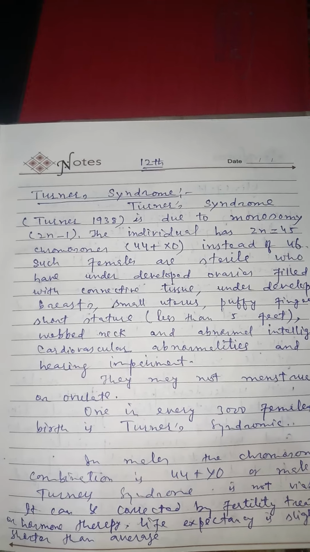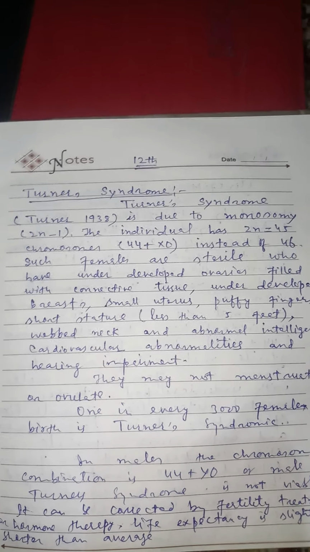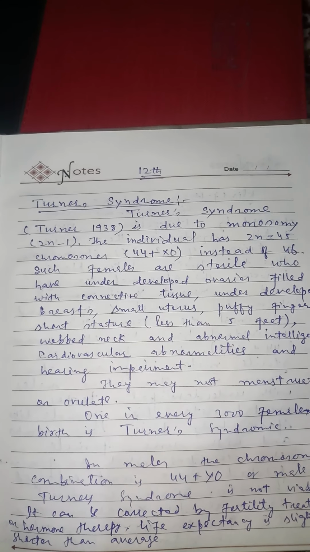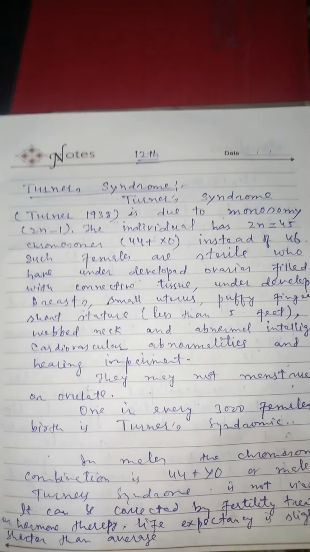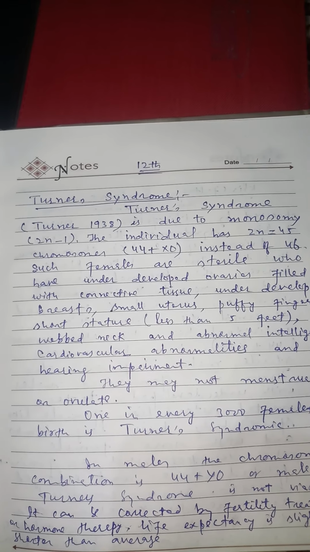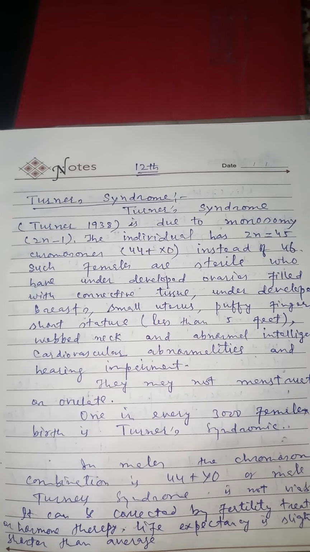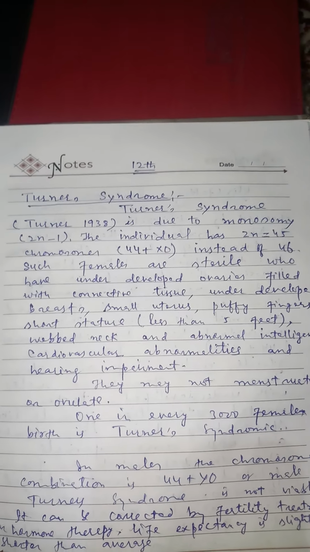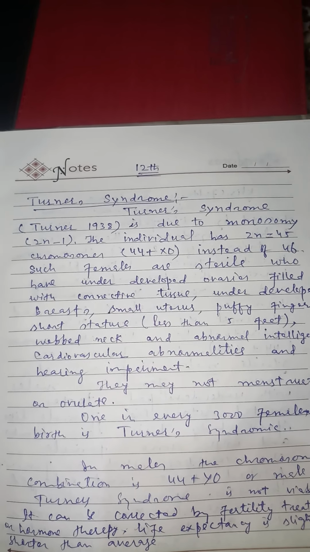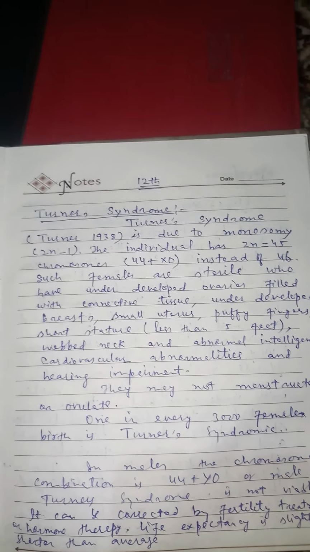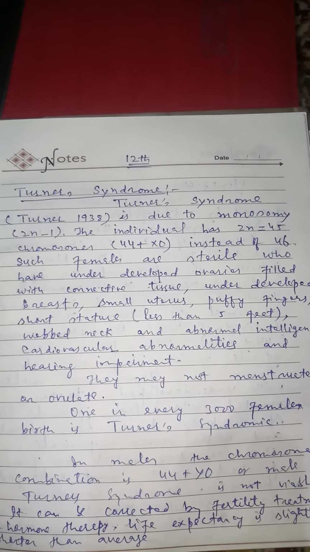So they show monosomy, that is 2n minus 1, one chromosome less than the diploid number. And their characters are that they are sterile, they can't give birth to young ones, they have underdeveloped ovaries filled with connective tissue. That means no production of eggs occurs there, so they are not capable of producing eggs, hence they can't be mothers.